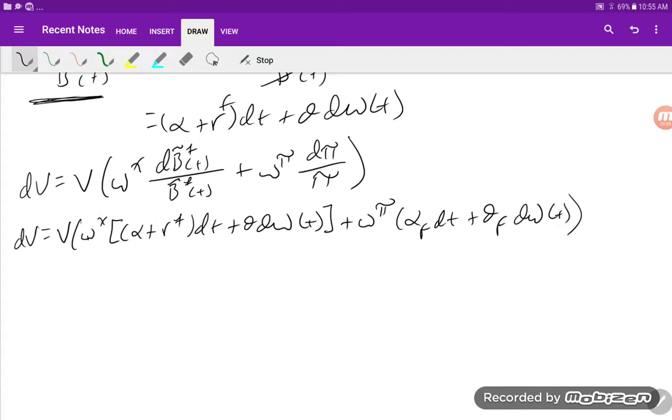All right. And let's simplify this a little bit and gather like terms, our dt's and our dWt's.